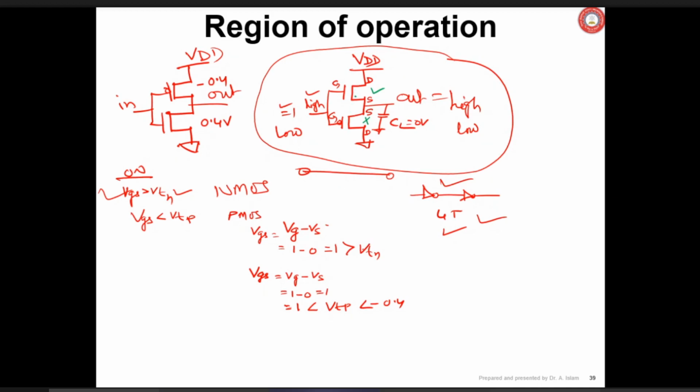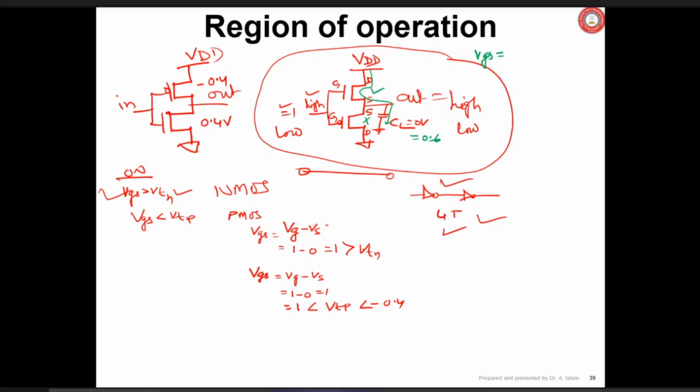Now, once the NMOSFET is on, the current will start flowing through the NMOSFET and the capacitor will be charging up. Suppose it has charged up to 0.6 volt. Okay. Now what is VGS? I'm talking about NMOSFET.